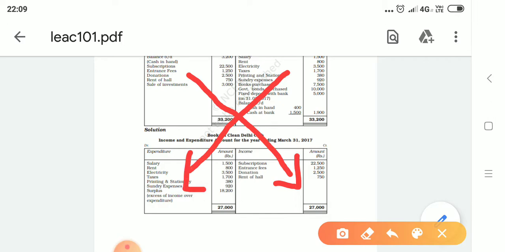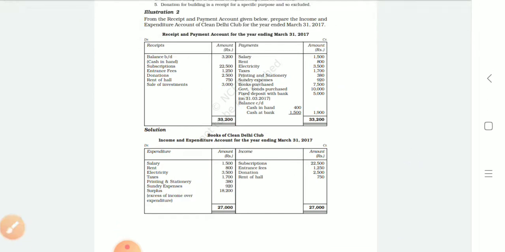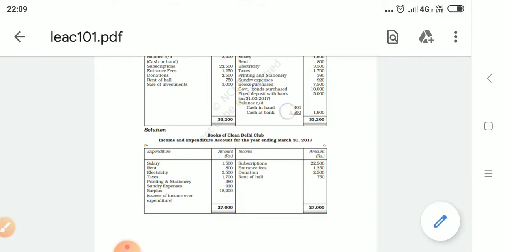That is the first cross method. The second step, only those receipts and payments which belong to the current year should appear in income and expenditure account. Okay. We'll proceed to the sum. Balance, opening and closing balance will not appear anywhere.